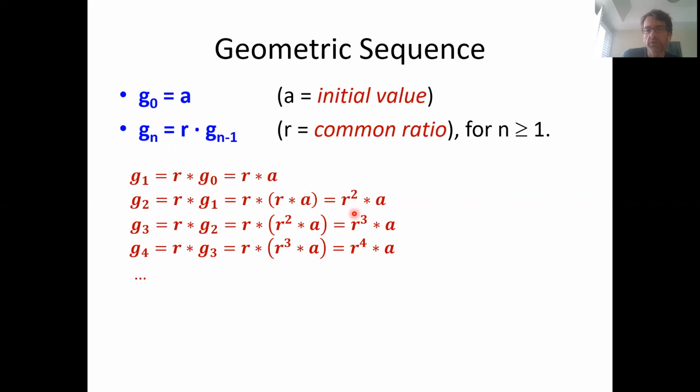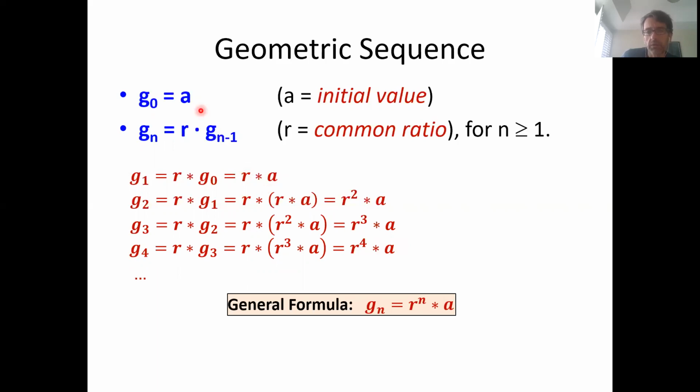Right? So basically you're going to have powers of R that will accumulate. And you can basically read off a hypothesis for the closed formula: at any index, the formula will be R to that index times A. This seems to be true even for the first one. So n is 0, R to the 0 is 1.